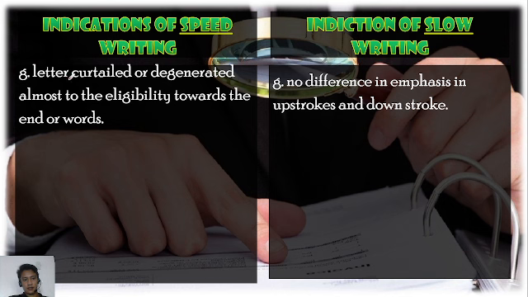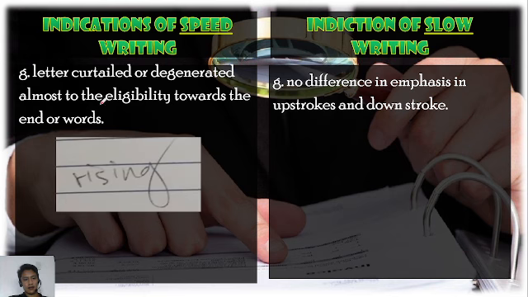As well as letter G, letter curtailed and degenerated almost to illegibility toward the end of words. Okay, so letter curtailed, or degenerated, or numinipis po yung size. From the first part medyo makapal yung ink. Medyo makapal usually on the initial strokes.